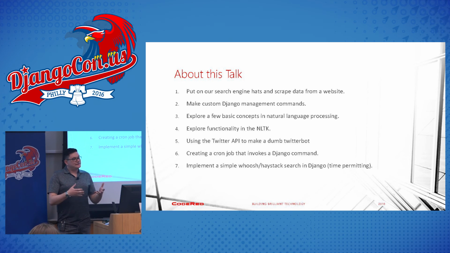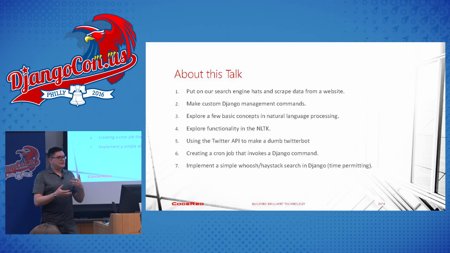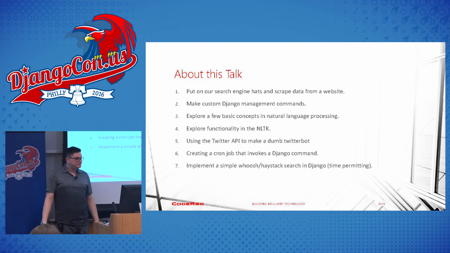Then we're going to get into the meat of the talk and look at some concepts in natural language processing, just some basic stuff, and then explore functionality in the NLTK, which is the Natural Language Toolkit. It's an open source toolkit. It's all in Python. It's very easy to use, and it's a great way to learn natural language processing or entry-level AI if you're interested.